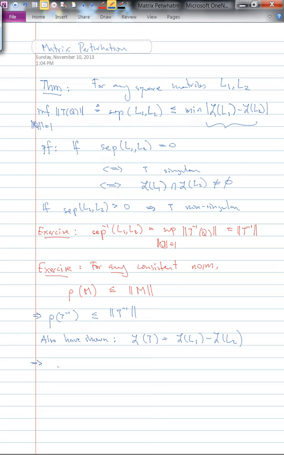And therefore, what this tells us is that 1 over the separation of L1 and L2, which we said by the first exercise above is equal to the norm here, is greater than or equal to, by consistency of the norm in the exercise above, the spectral radius of T inverse. But the spectral radius of T inverse, we know what the spectrum of T is, so this is exactly equal to the max of, and this is what we wanted to show.